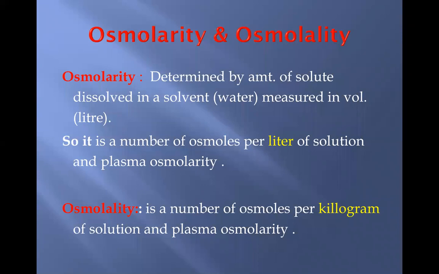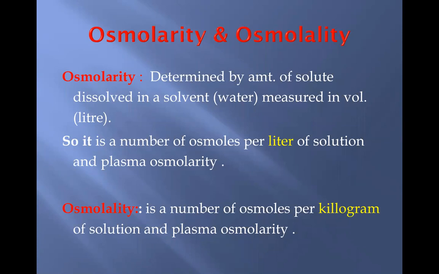So these are two different terms but reflect one meaning, which is the number of osmoles per either a liter or a kilogram. A liter means the volume and kilogram means a mass.